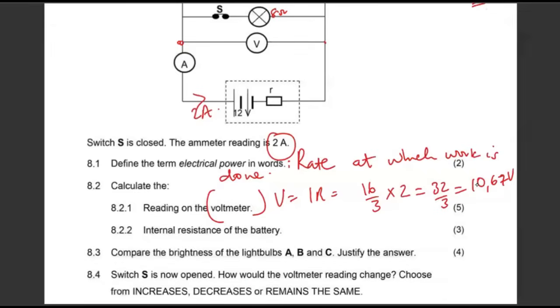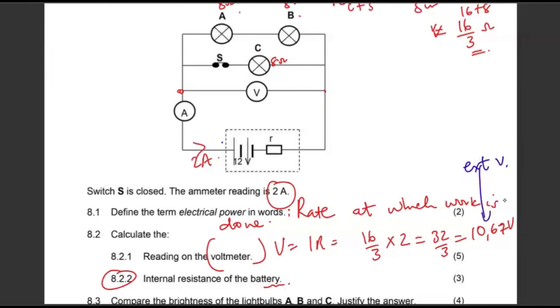And then 8.2.2, they want us to calculate the internal resistance of the battery. So if I use the knowledge of external and internal, because this is the external voltage, I know that my EMF is given as V external plus V internal. So that's 12, 10.67, and then the current multiplied by internal resistance.